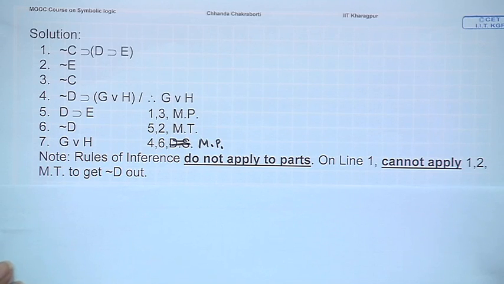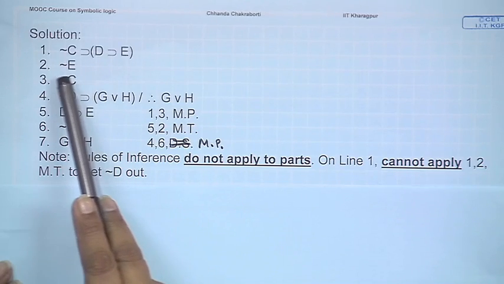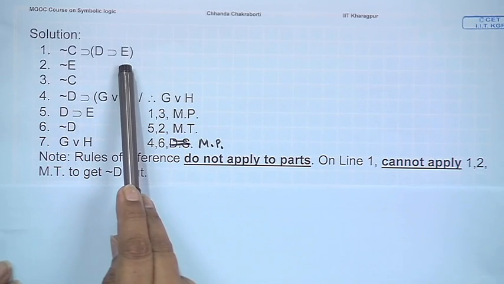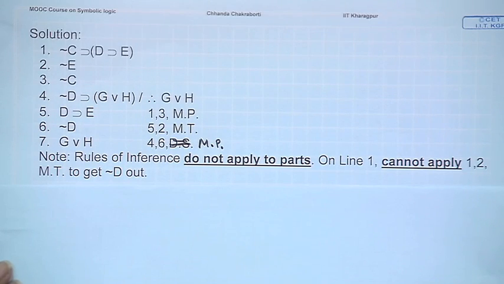So, here probably is a chance to also appreciate when we said that the rule of inference does not apply to parts. So, on line 1 for example, you cannot apply line 2 directly onto this part D horseshoe E. Why not? Because D horseshoe E is a part of a whole sentence.